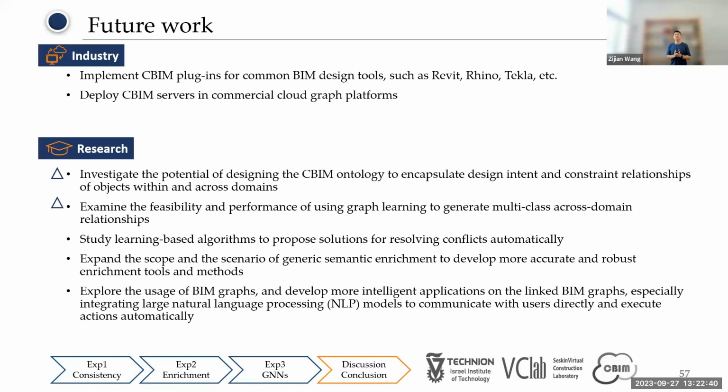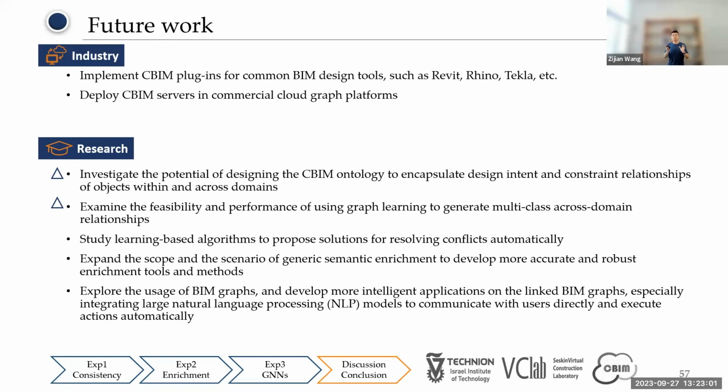The second important research topic for the future is to examine the feasibility and performance of using graph learning to generate multi-class or cross-domain relationships. The first topic is going to provide the design intent ontology, which is at the class level.